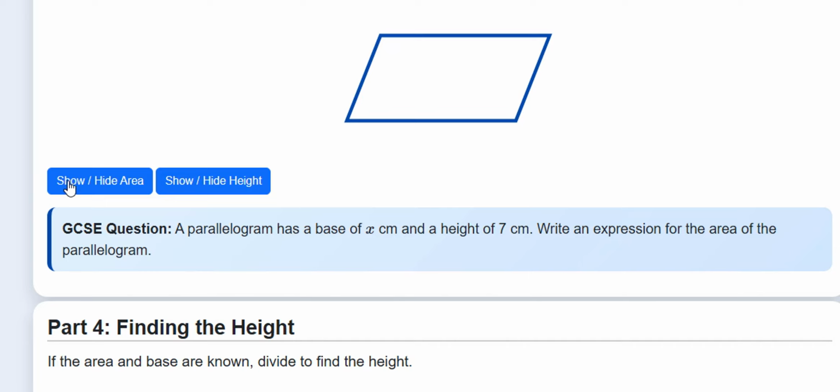And you see, of course, the area we are talking about is that one, the region enclosed by the sides of the parallelogram. Then the height we are talking about is that one, and we already know the height. I can just copy it here. The height is 7 centimeters, but now we are told the base is x centimeters, and then you are told to write this in terms of x.